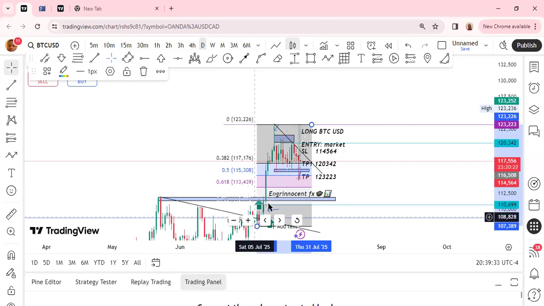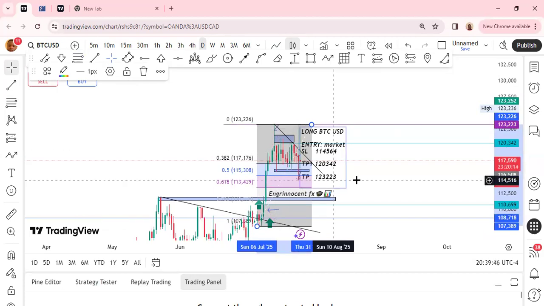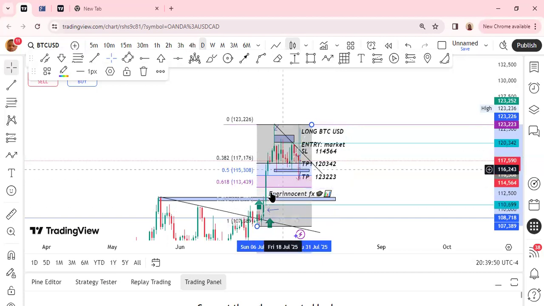So it created this after ranging for about a week plus. It gave this breakout and created an all-time high at 123k. Now I had to take out my Fibonacci tool, swing low, swing high, and I saw this rejection.